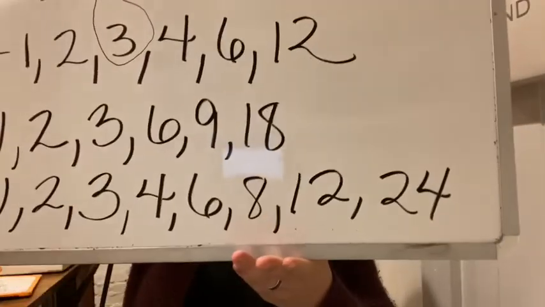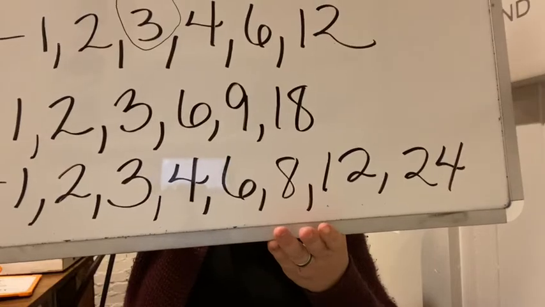Now, if you look at 18 and 24, they actually have a lot of factors in common. But we're looking for the greatest common factor. Okay, so we have 1 in common, 2 in common, 3 in common, 6 on the top, 4 for 24, so we do not have 4 in common, 6 in common, and that's the last one that we have in common.